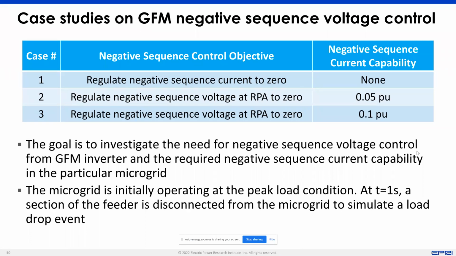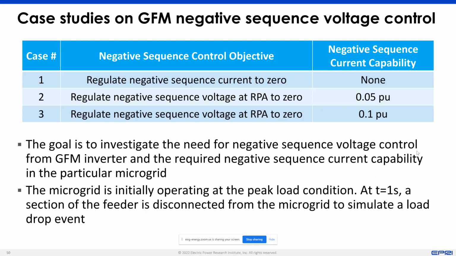Now, for case 2 and 3, we ask the grid forming inverter, instead of injecting 0 negative sequence current, to start injecting some negative sequence current with the goal of regulating negative sequence voltage at its RPA to 0. This definition of RPA is the reference point of applicability. We can simply think about it as the PCC of the plant.